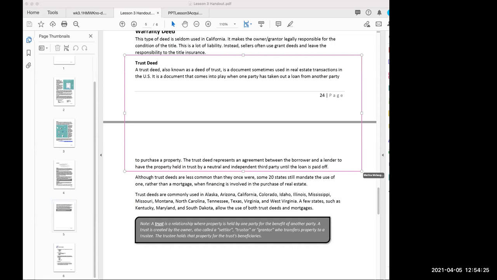The trust deed represents an agreement between the borrower and a lender to have the property held in trust by a neutral and independent third party until the loan is paid off.